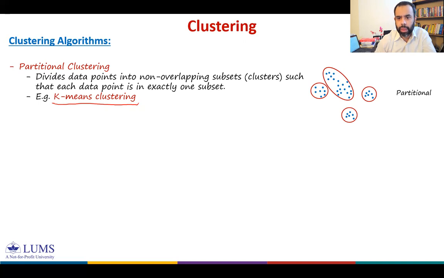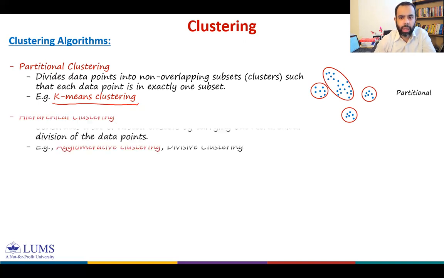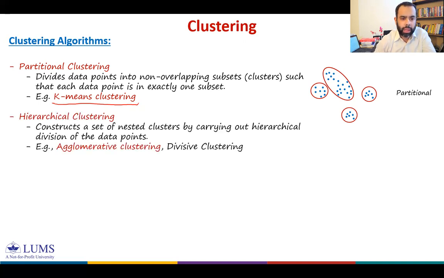Another type is hierarchical clustering. It constructs a set of nested clusters by carrying out hierarchical decomposition, hierarchical division, of the data set. And there are 2 types, agglomerative clustering and divisive clustering. We will focus on agglomerative clustering in this course. If you know agglomerative clustering, you can easily understand the concept of divisive clustering. Right.